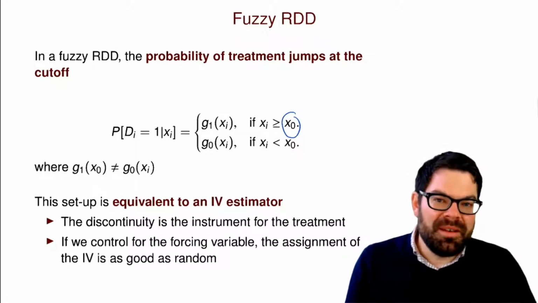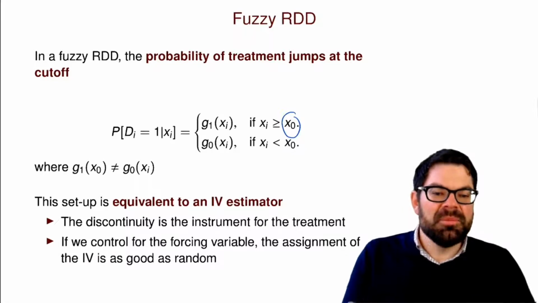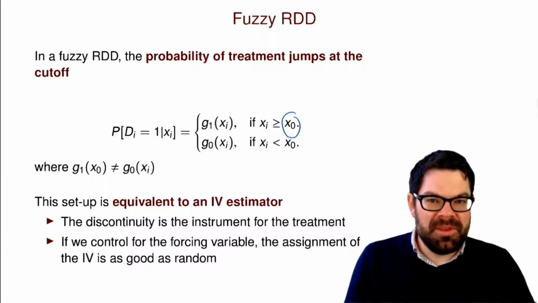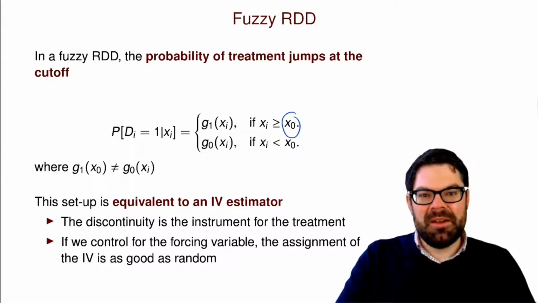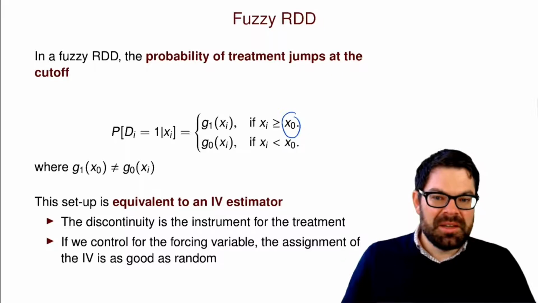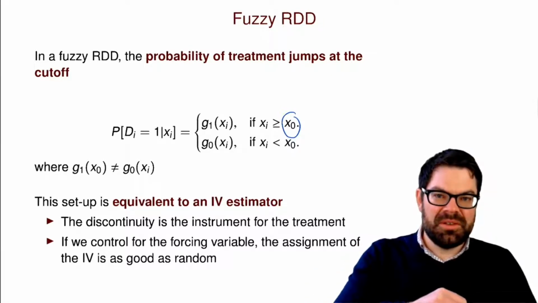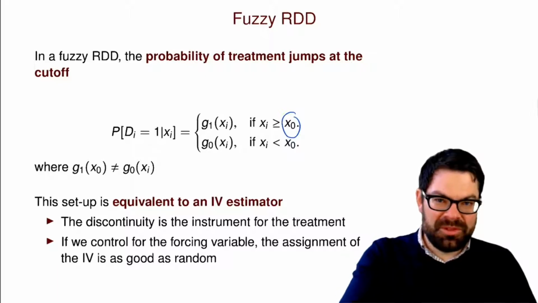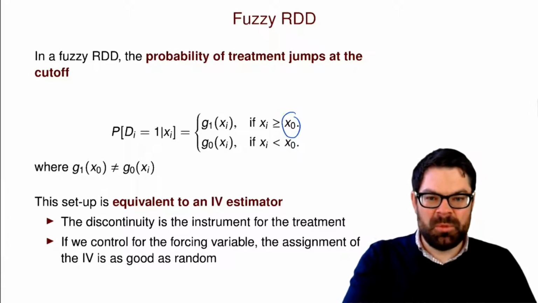What that amounts to is it being an IV estimator. It's an IV estimator because you have imperfect compliance with the treatment assignment. People above the discontinuity are offered the treatment, but whether they take it is up to them, and not everyone will take it.